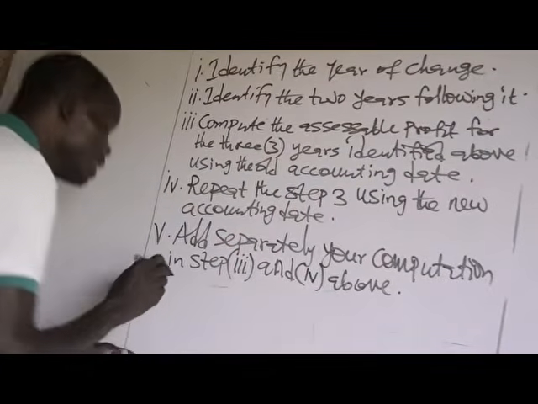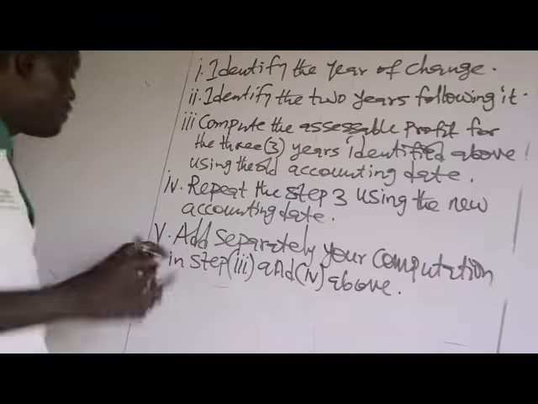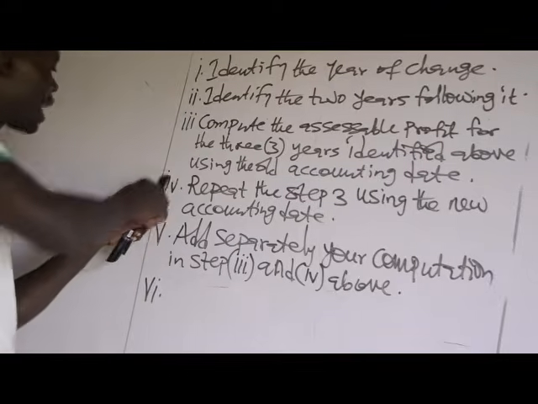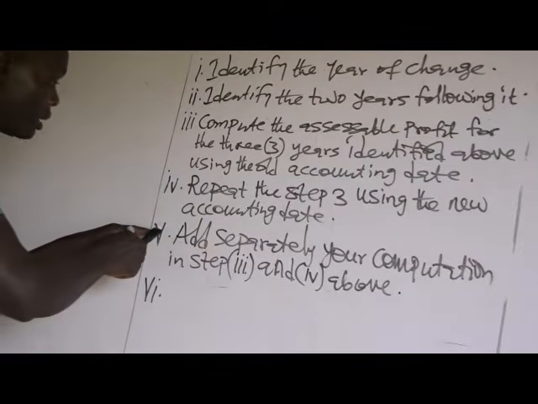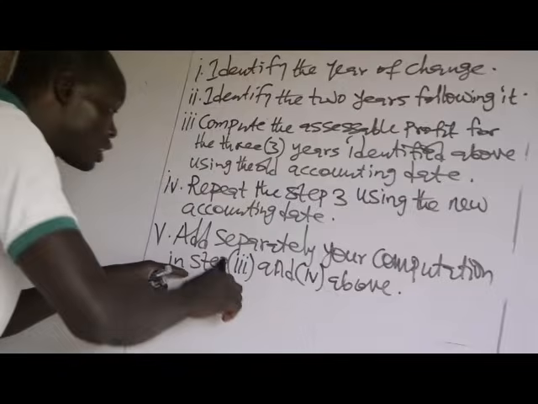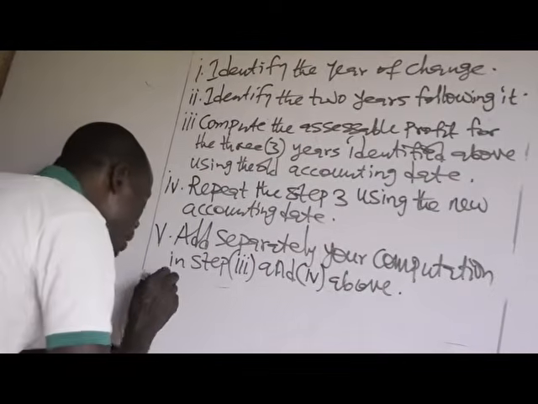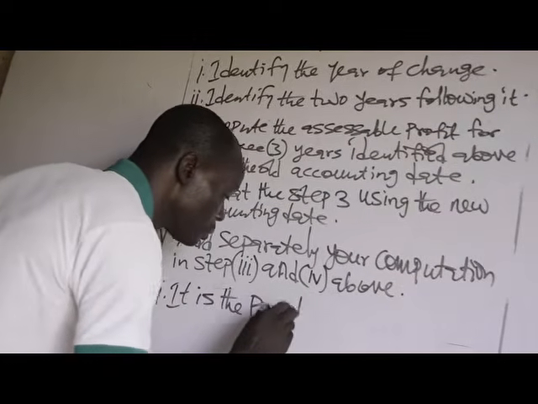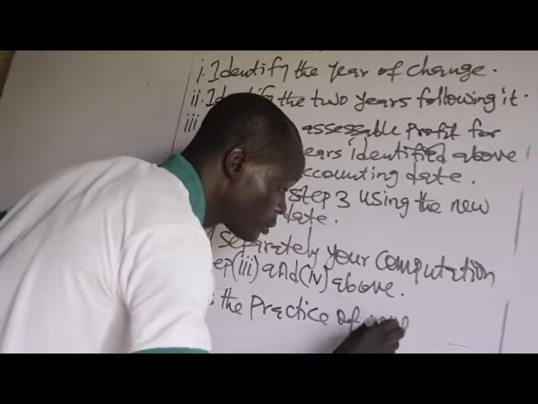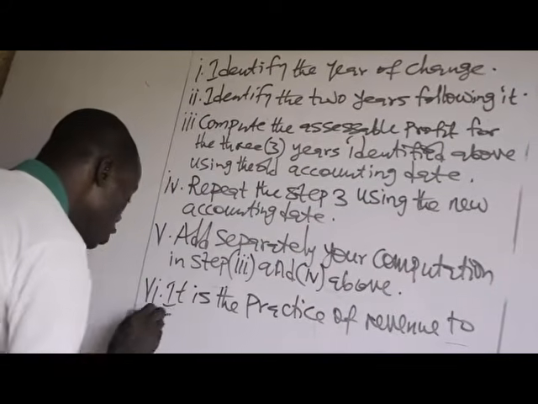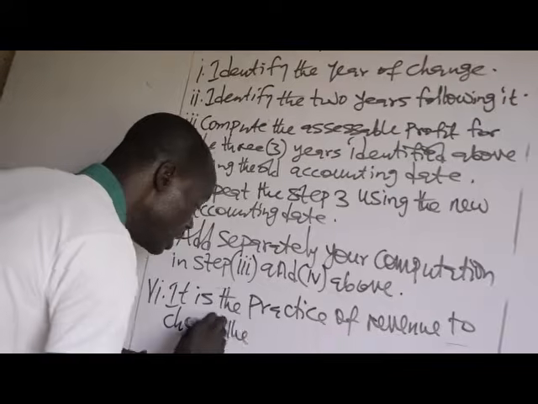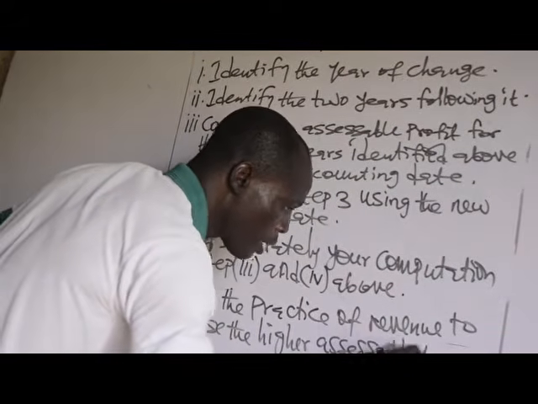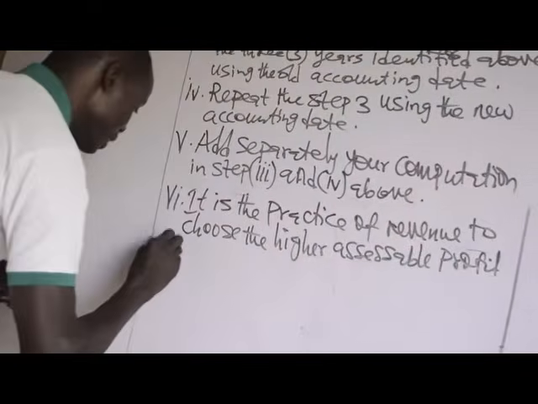Step 6. It is the practice of revenue to choose the higher assessable profit in step 5.